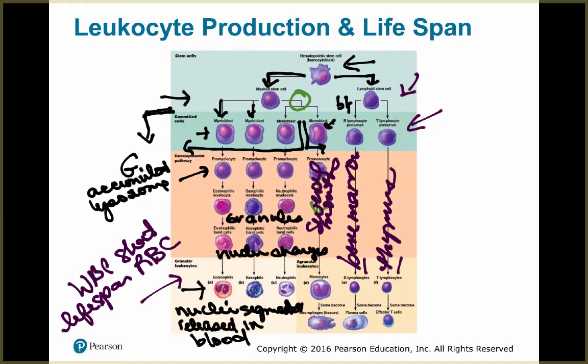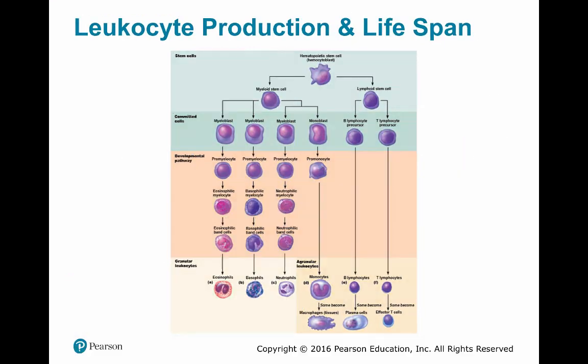The difference is the B actually becomes mature there, where the T lymphocytes move to the thymus and become mature there. And lymphocytes can live for a few hours to two decades. So it just depends on the cell itself. And so that's how leukocytes are made, or what's known as leukopoiesis.